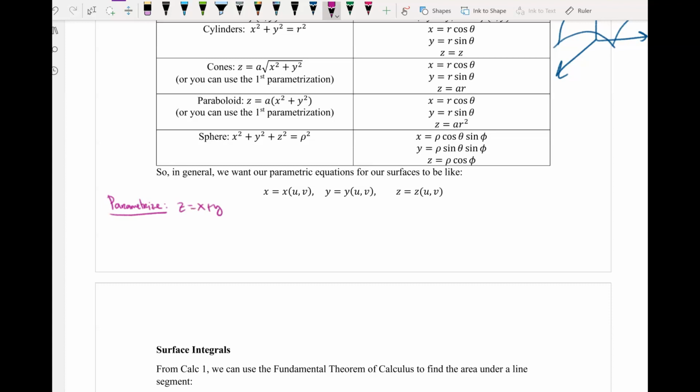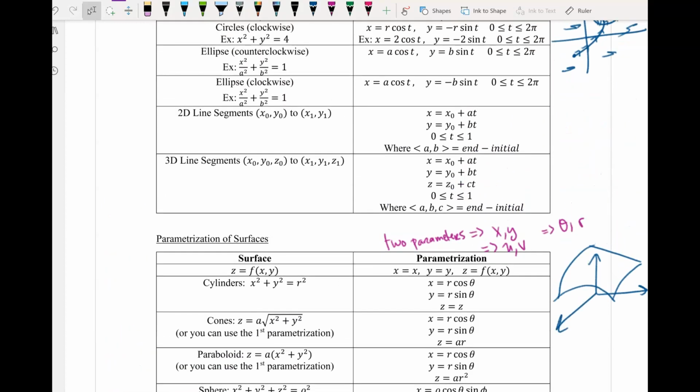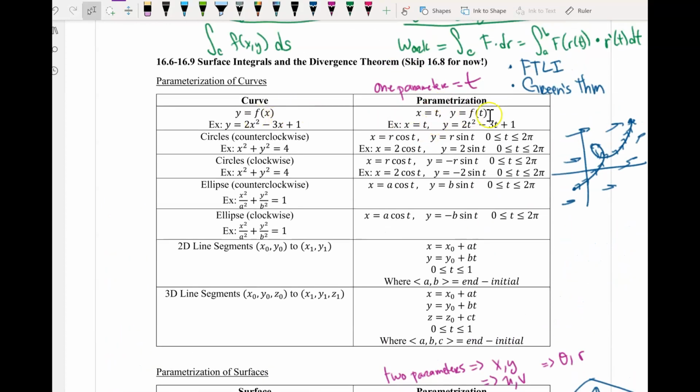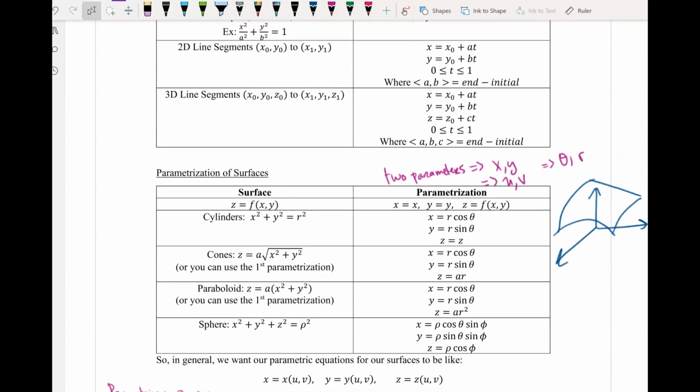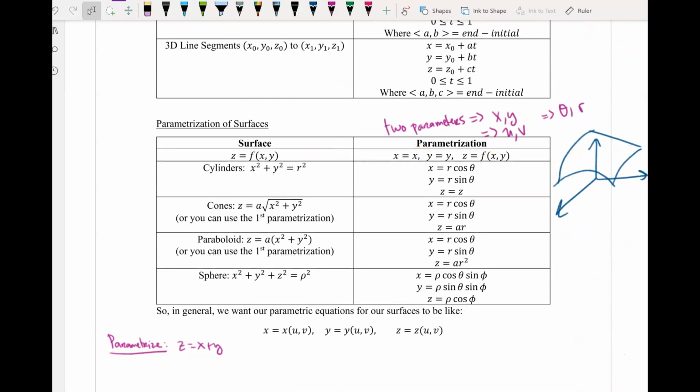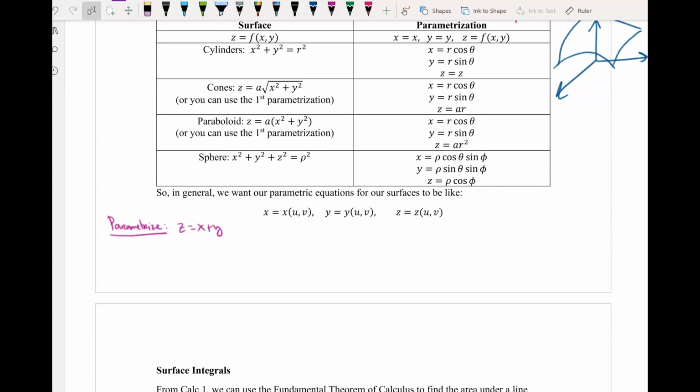If you think about it, when you had one variable, you had two parametric equations. Now that you have a function of two variables, you're going to have three parametric equations. So we can literally just let x equal x, y equal y, and z just equal x plus y.